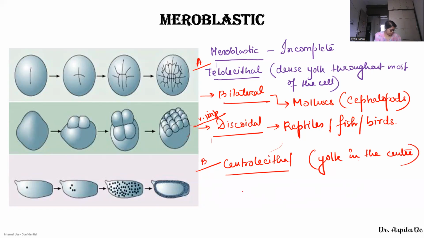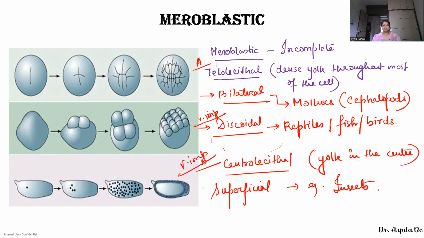Okay. What happens here? This type of cleavage is superficial and it is found in insects. This is also important. I've seen this coming. This is also important. Got it?